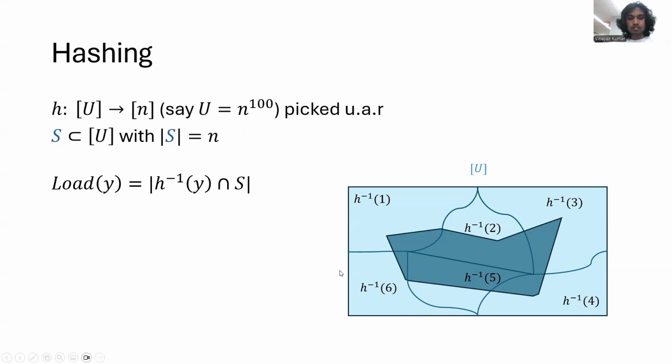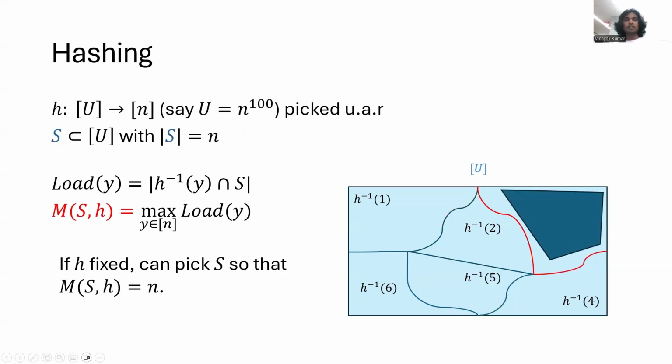Then I can define the max load to be the maximum number of balls in any bin, so the max over y of the load of y. In this picture, this part has the most of S, and so the max load will be how much of S is in this part.